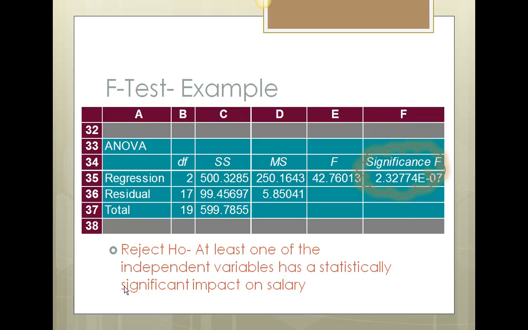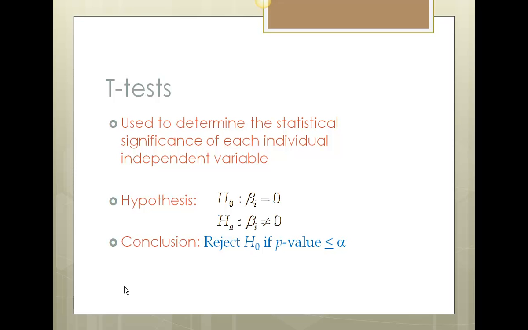At least one of the independent variables has a statistically significant impact on salary. If I want to be more correct, I can say I am 95% confident that at least one of my independent variables has a statistically significant impact on salary. Note, I substituted in salary instead of y because y is salary. And it's always best to actually substitute in for your x's and y's where you can in your interpretations so they're more meaningful.